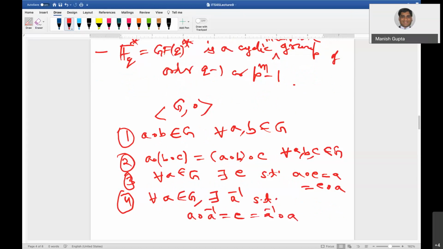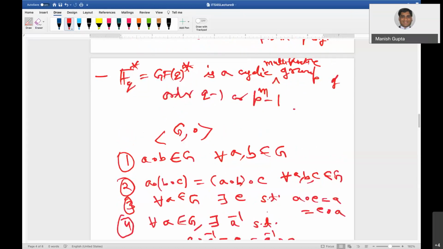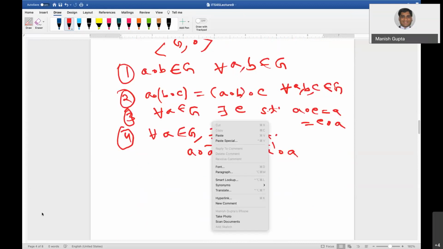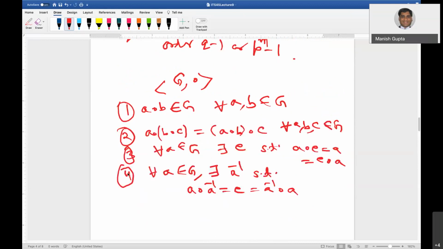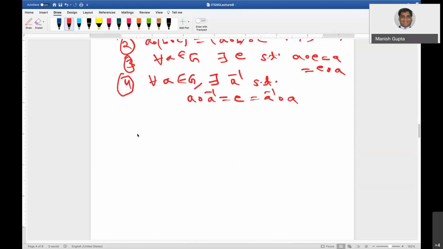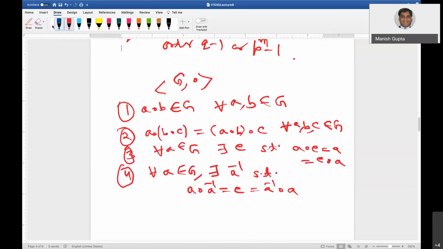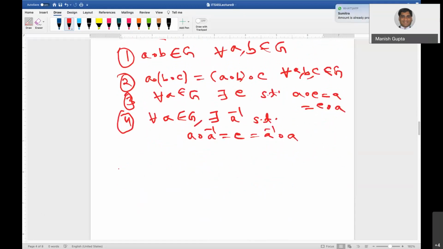Okay. So now your set FQ star. When we look at GF4, we know that the field with four elements was 0, 1, alpha, alpha square, remember?